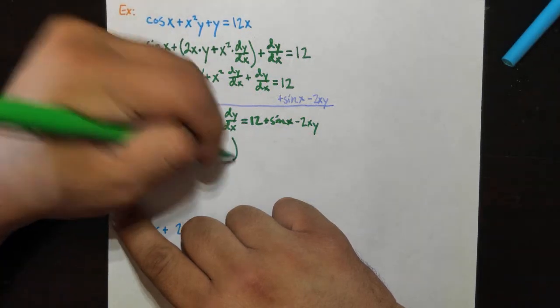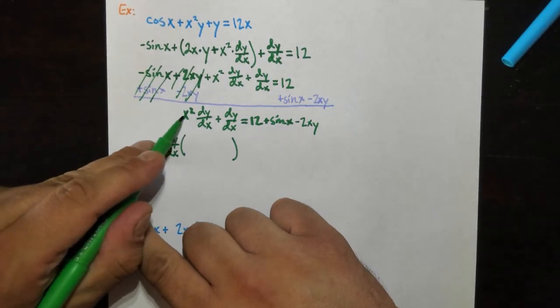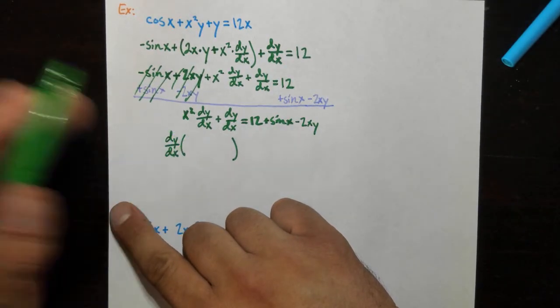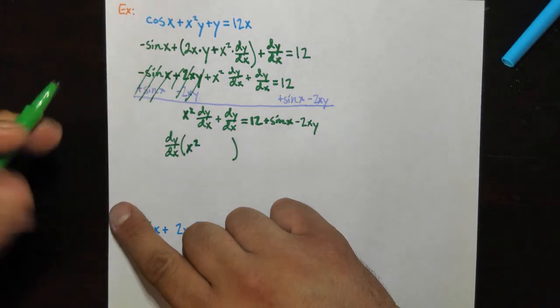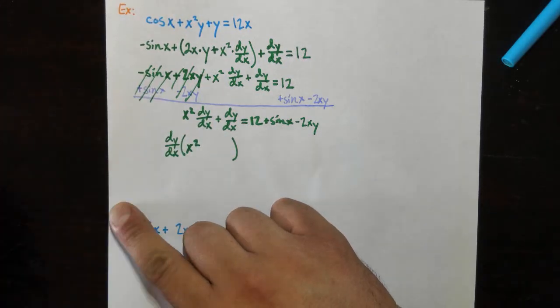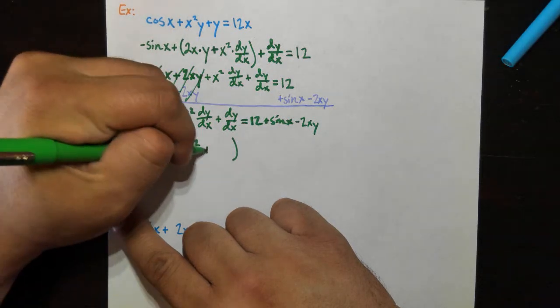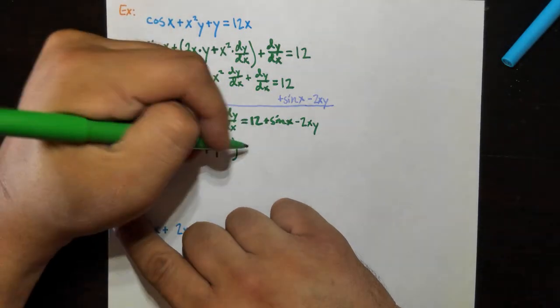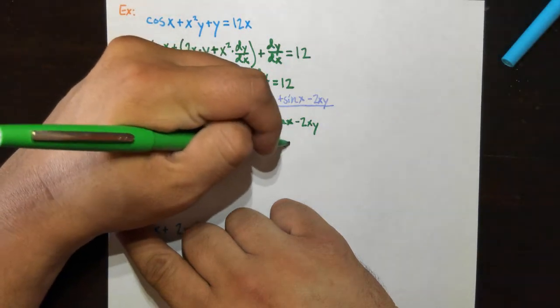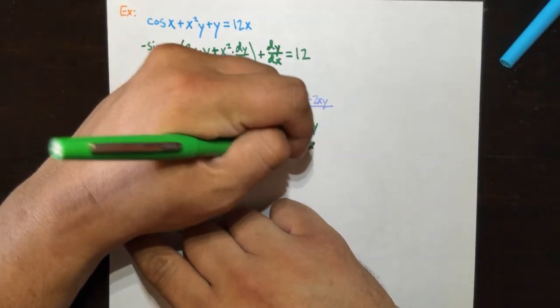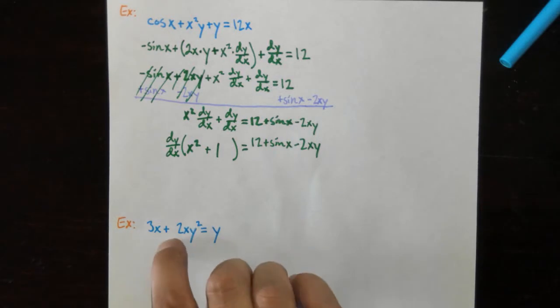And now we're essentially dividing both of these by dy/dx. So x squared dy/dx divided by dy/dx is just going to be x squared. dy/dx divided by dy/dx is just going to be plus 1, equals 12 plus sine x minus 2xy.